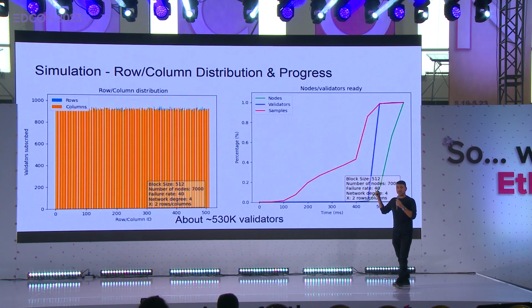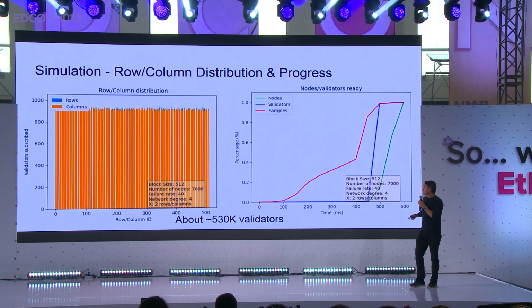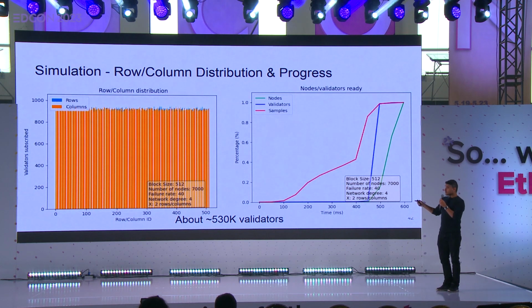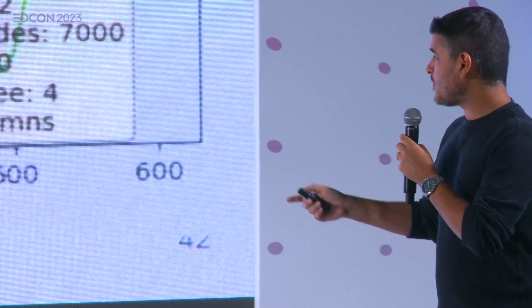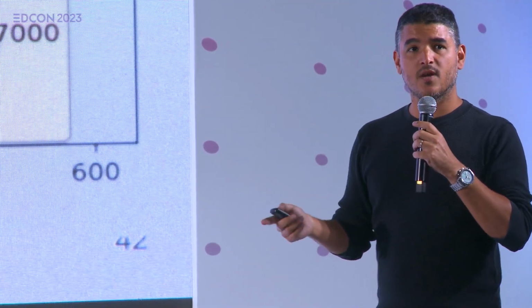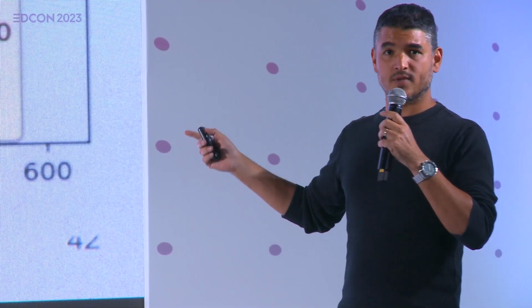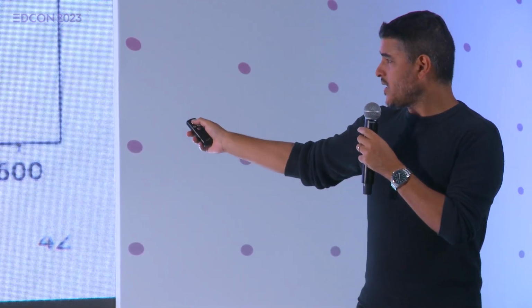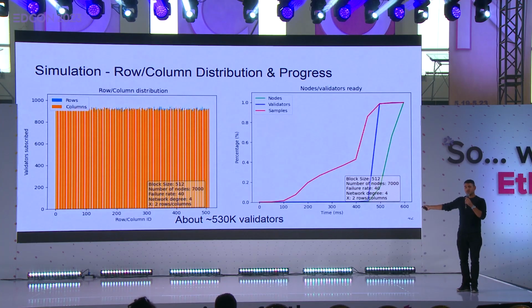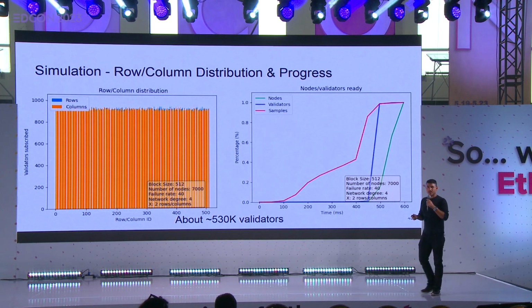Now, on the left side, right side for you, you have the progress of how many samples are received from the beginning of the simulation until the end of the simulation. Please note that the x-axis is milliseconds, and it goes up to 600 milliseconds. So it's a little bit more than half a second to distribute one block over the network.